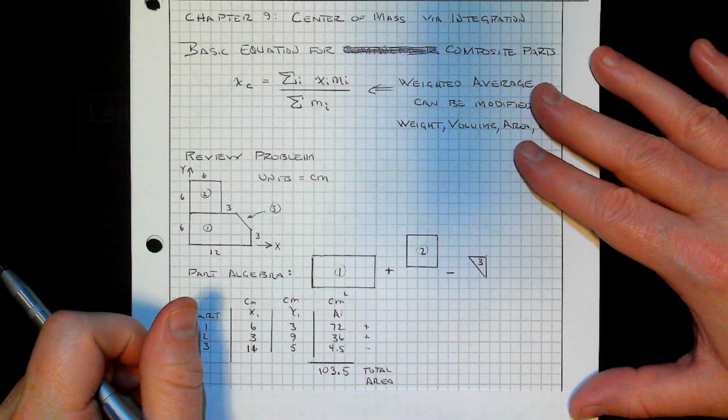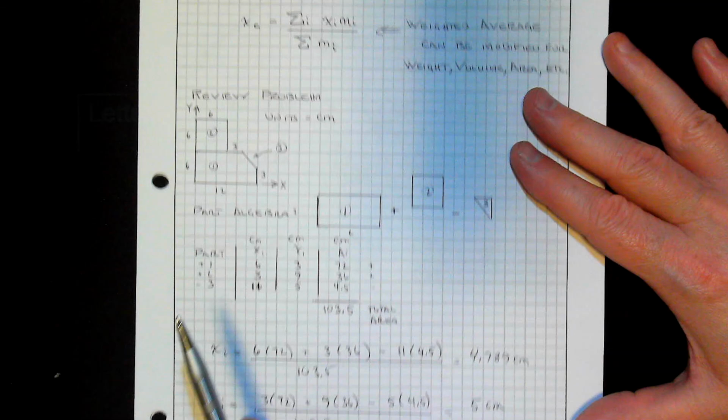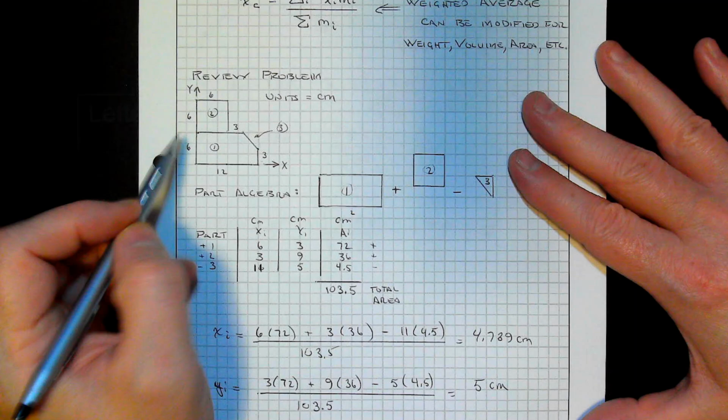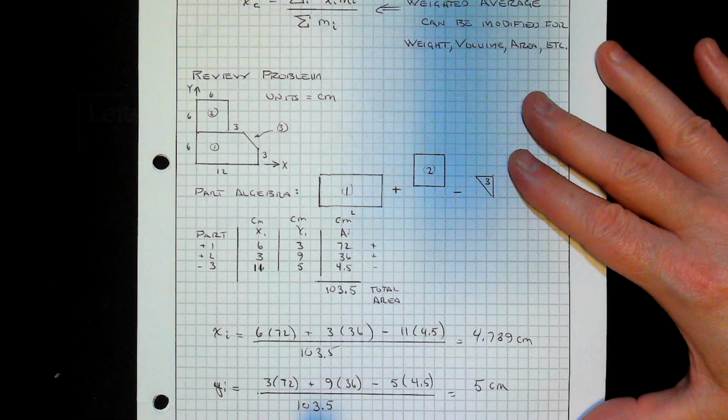So this is x_C, the x center of something. This was a weighted average, and you would have done this in your last course, for a given number of parts. For the first part, you would have x1 times mass 1, plus x2 times mass 2, plus x3 times mass 3, and so on.